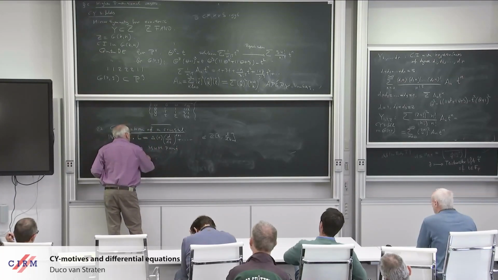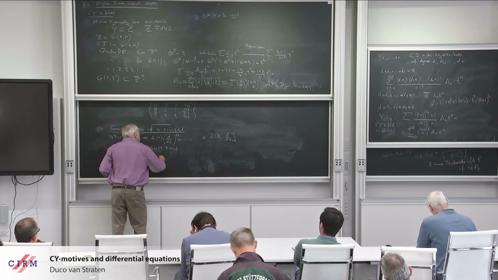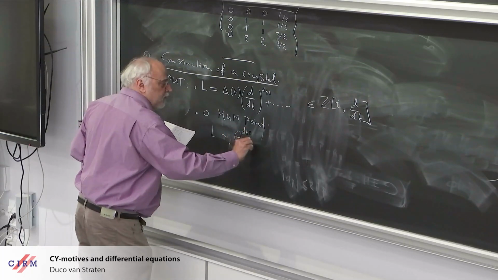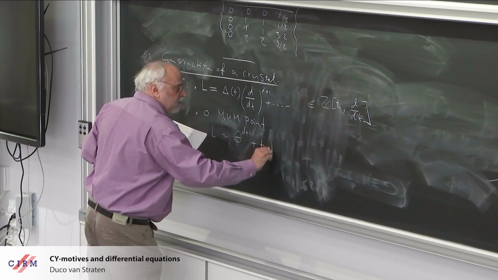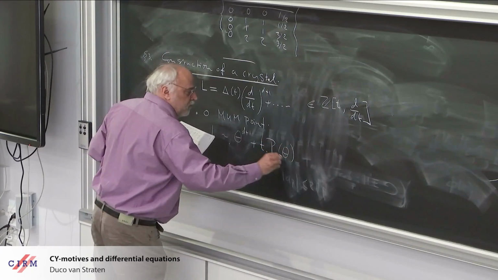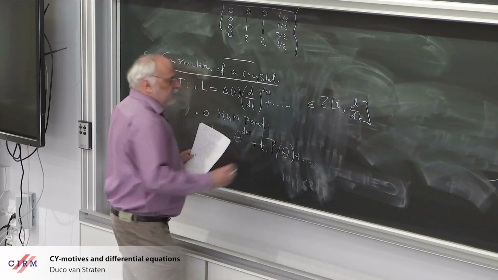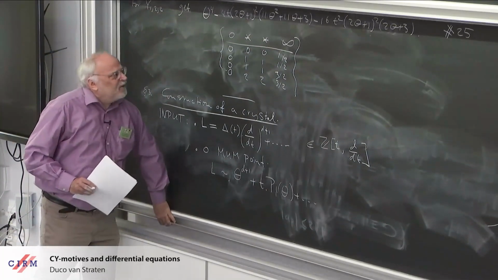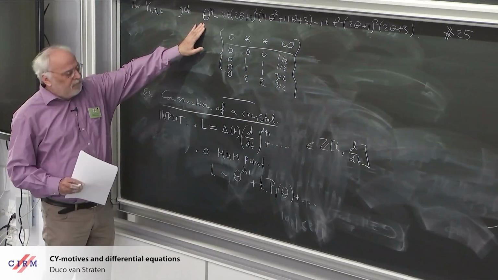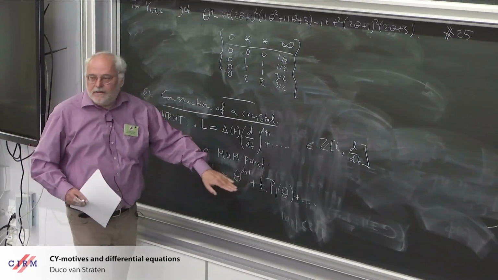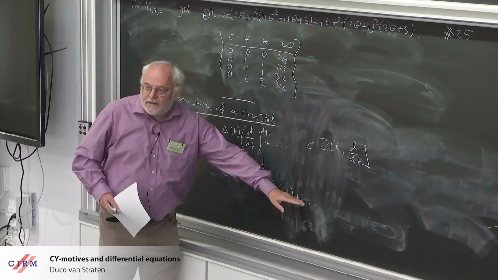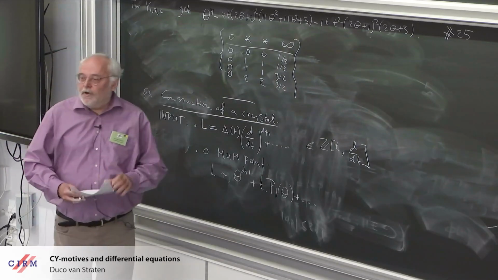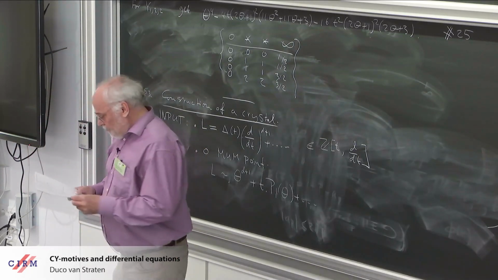So we can also write L, up to multiplication by something, as t times... Like we have written here, it starts with theta to the power 4, but it can start with any power, and then it means that 0 is a MUM point with all exponents equal to 0.